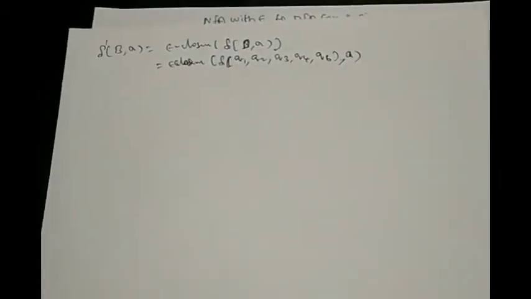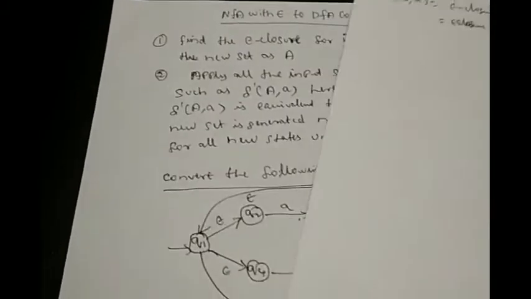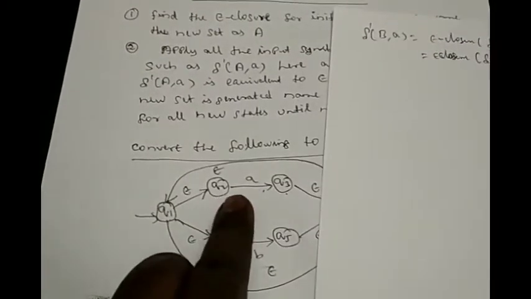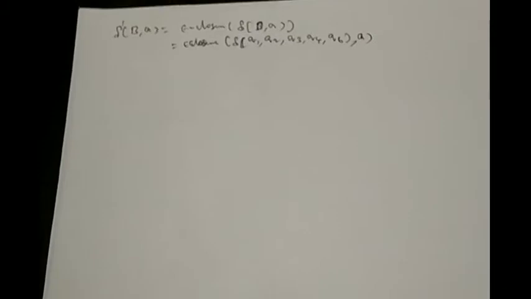Now out of these states, where can I apply a? In the diagram, a can be applied only in q2. The rest of the states I cannot apply a.